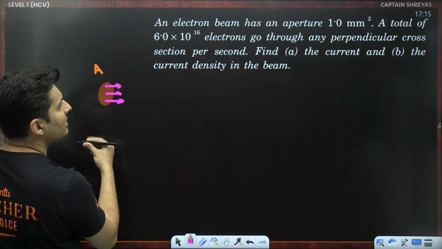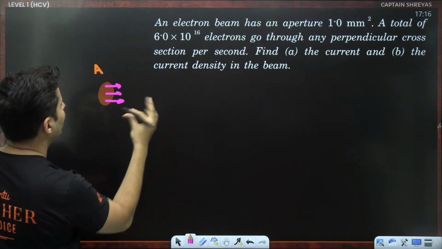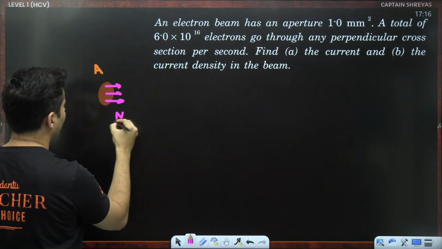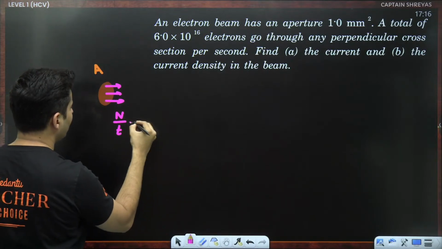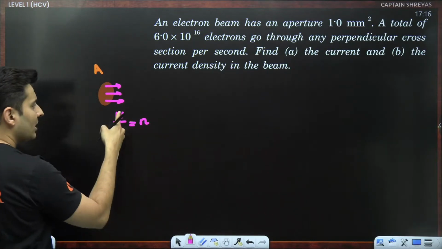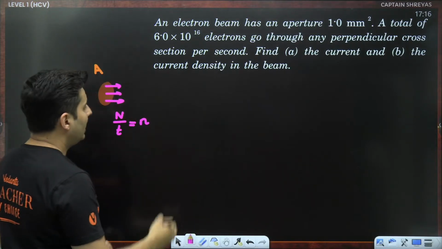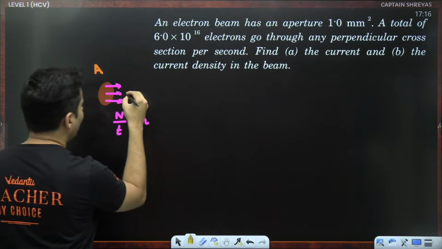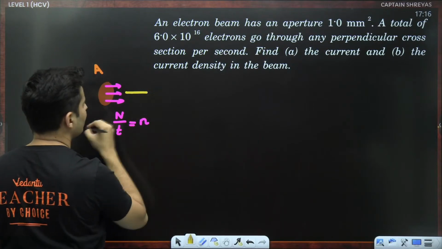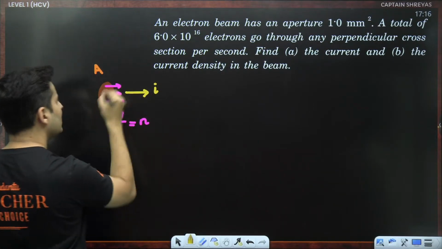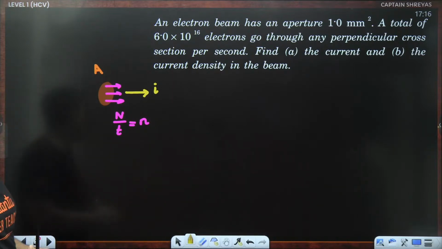A total of these electrons go per second. This is the number of electrons which go per unit time. I will call it small n, number per unit time. And I have to find how much current is flowing through it. If these many charges go, how much is the current going through it?